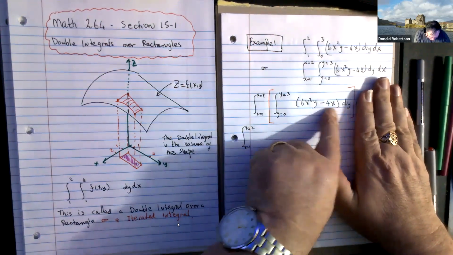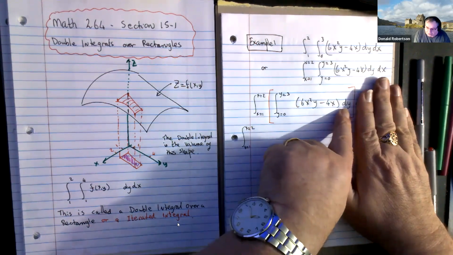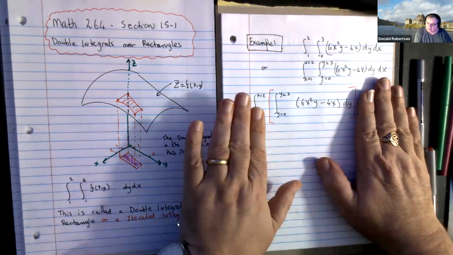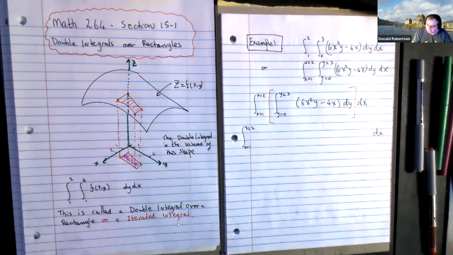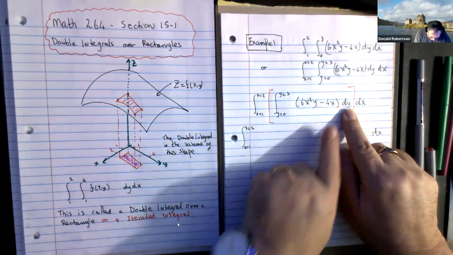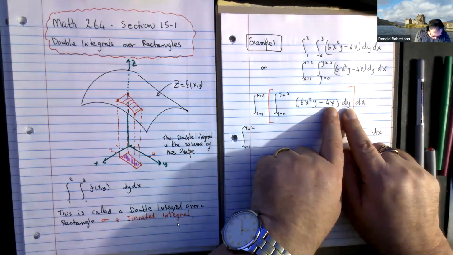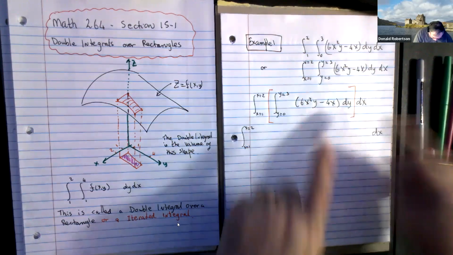So let's see what we have to deal with here. You're being asked to integrate this expression with respect to y. It's very similar to differentiation with respect to x, or partial differentiation with respect to y. The rules are the same: y is a variable and any other letter of the alphabet is treated like a constant.